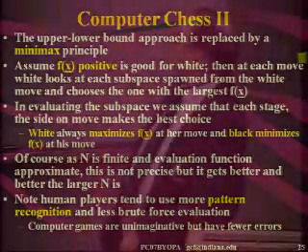All right, so you don't do upper and lower bounds here. You have this minimax, namely, you evaluate a subspace by assuming that white always makes the best move, and then black makes the best move, and so on. If the function is defined so that positive is good for white and negative is good for black, white always maximizes f of x, and black always minimizes f of x at their move.